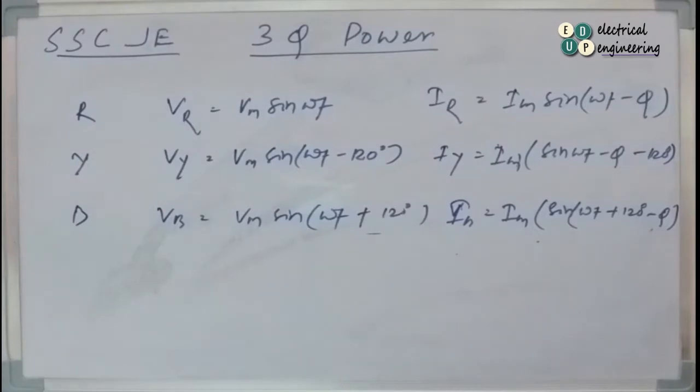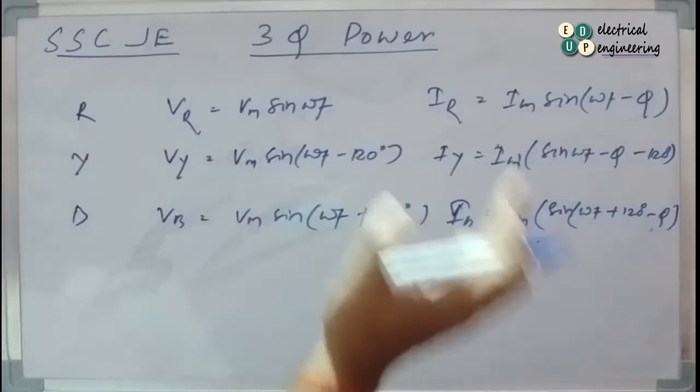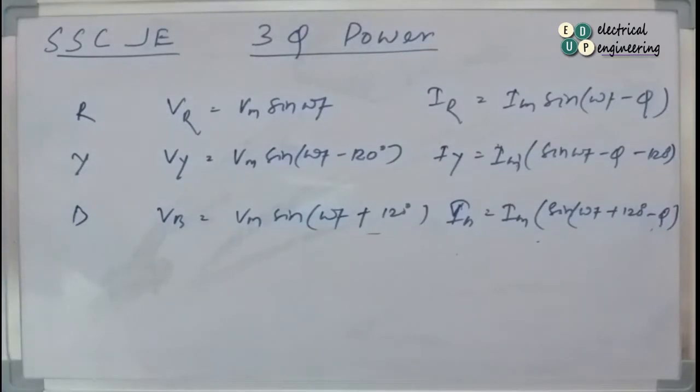Now, what is the formula for power in each phase? In each phase, the power will be VR into IR in the red phase, VY into IY in the Y phase, and VB into IB in the B phase. The detailed derivation I am going to give you as a note before your SSC JEE mains exam.